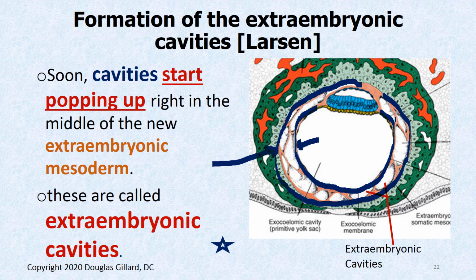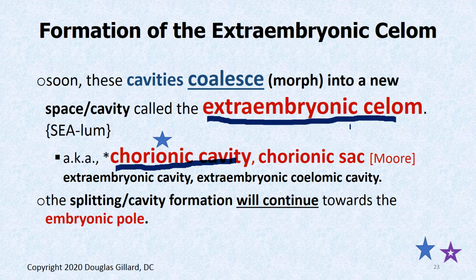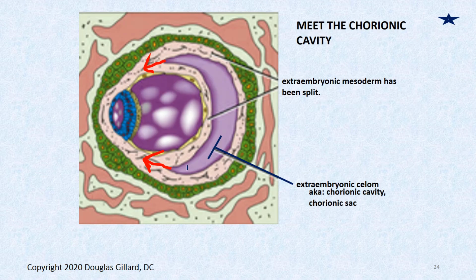I was thinking about these in between. Oh, here they are. The extraembryonic cavities. These are little cavities. I don't think that's important, but I do think extraembryonic coelom and chorionic cavity is important, because pretty soon, see how it's going to completely split, and now it's formed a cavity. There's no more little subcategory or subcategories here, and it's going to keep ripping and ripping.